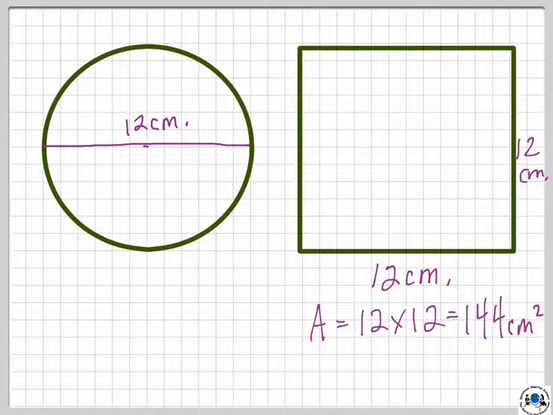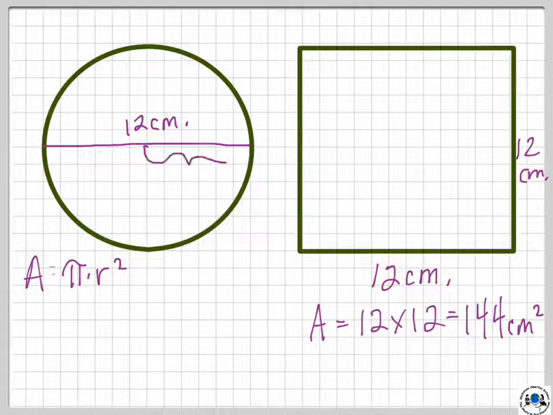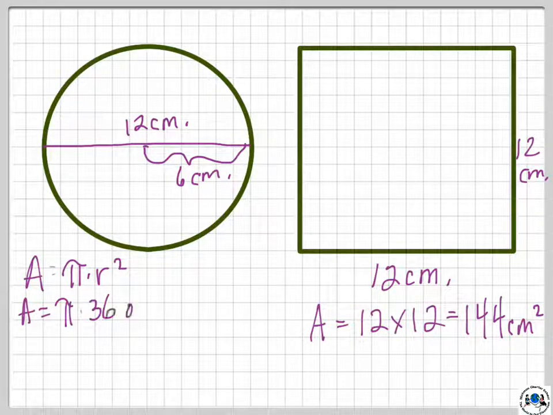Now our circle, the way they've expressed it in the book, and again, remember area of a circle, our formula is pi times r squared, or pi r squared. In this case, since our diameter is 12 centimeters, our radius is going to be 6 centimeters. So we're going to have area equal pi times 36, or they wrote it as 36 pi square centimeters.